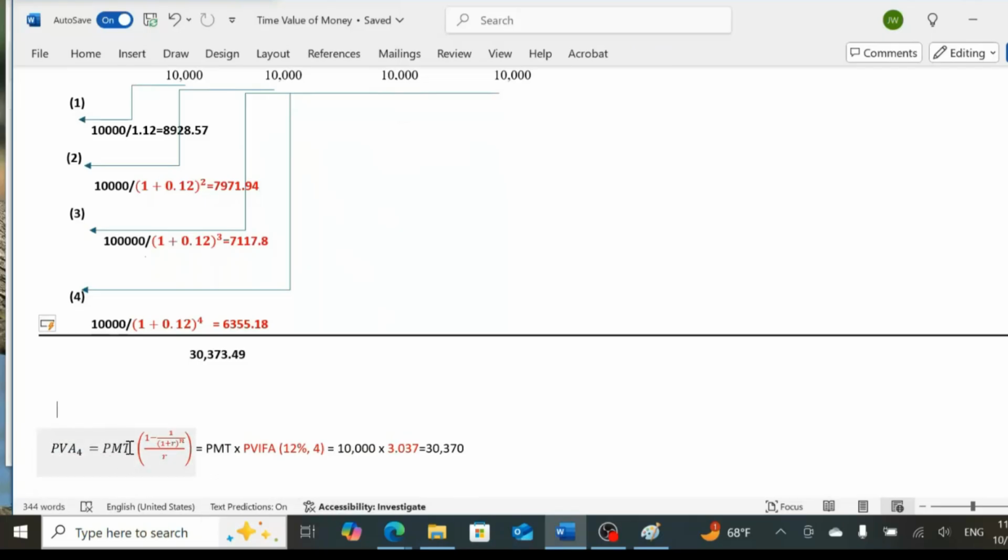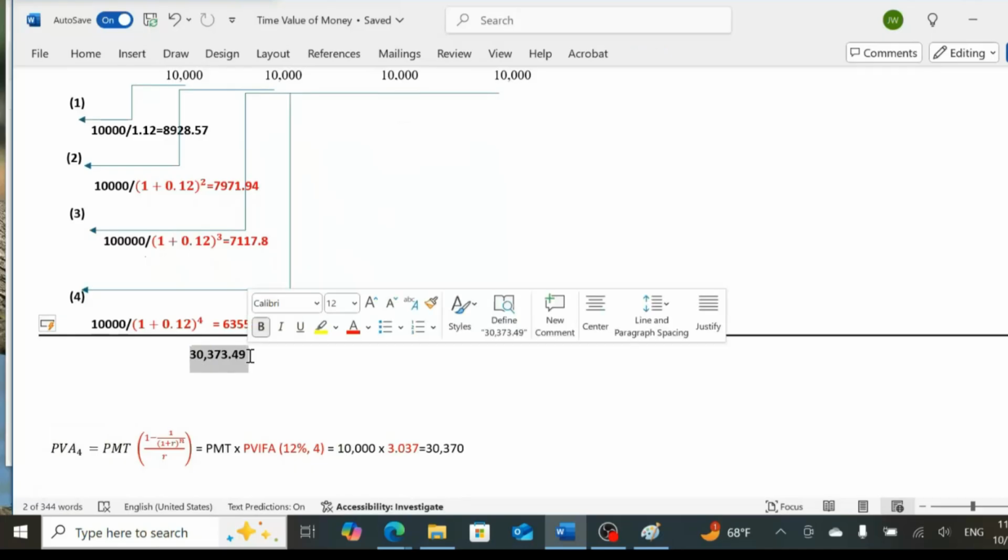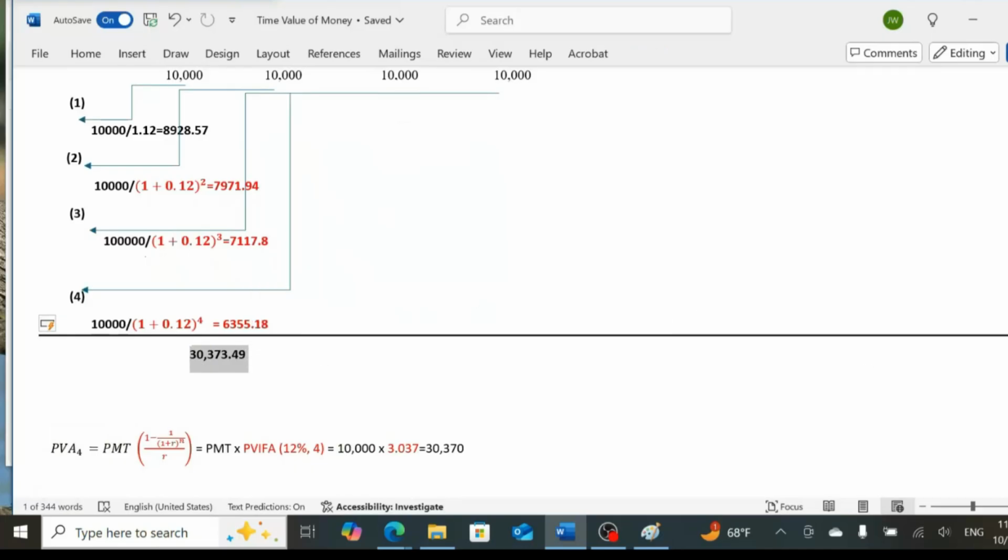Again, we use PMT to denote the size of the annuity. The formula becomes more complicated. If you substitute PMT with 10,000, R with 0.12, and N with 4, and do it correctly, you'll get the same answer. If it's slightly different, it is because of rounding error.